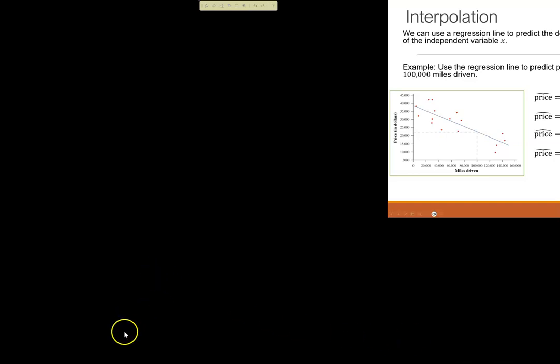So if I go back and look at our truck example, my smallest X is, I don't know, like 5,000, and my biggest X is about 140,000. If I'm making a prediction in between those values, it's probably going to be reasonably reliable because this looks like an okay fit model.